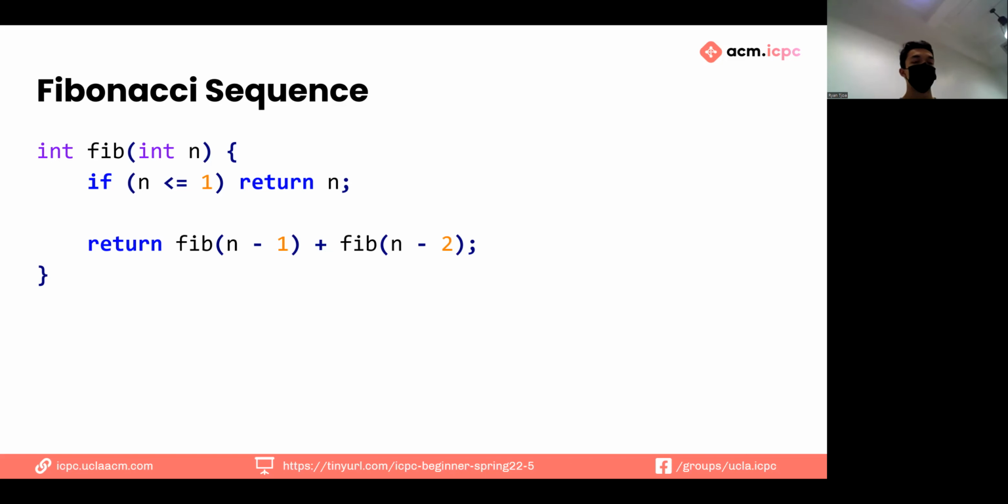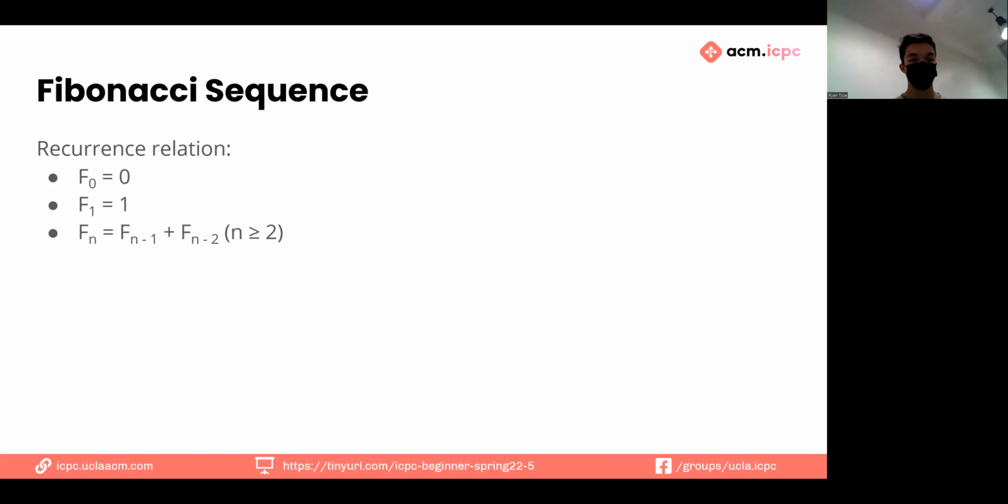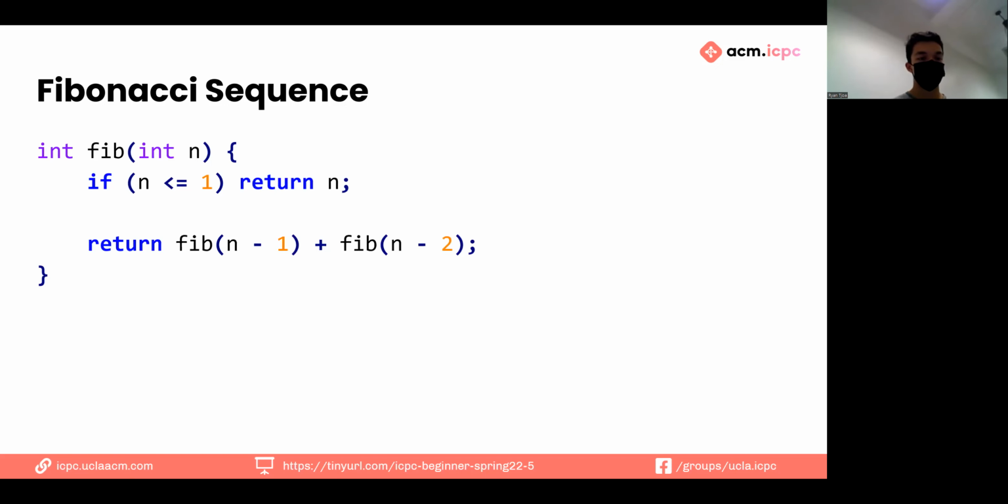Otherwise, we assume that the function is correct, and for other cases, we return the previous Fibonacci number, Fibonacci of n minus 1, plus the one before that, Fibonacci of n minus 2. We add those together to get the current Fibonacci number.